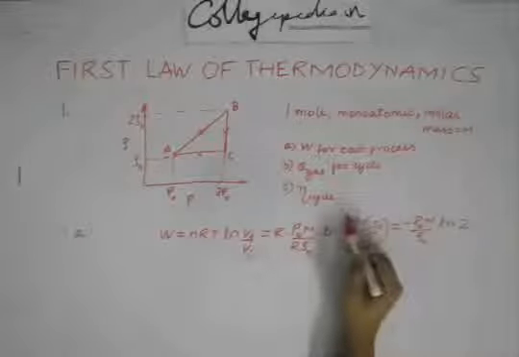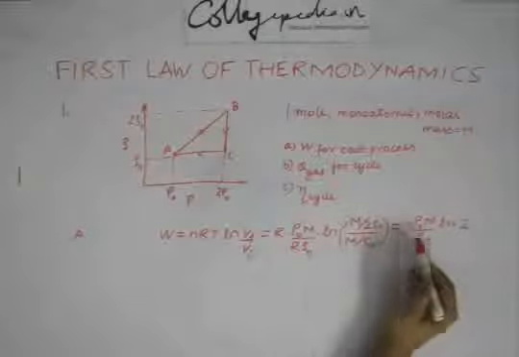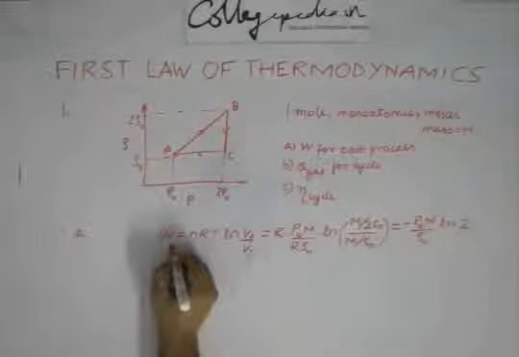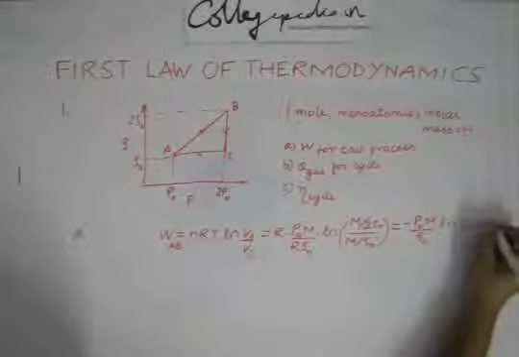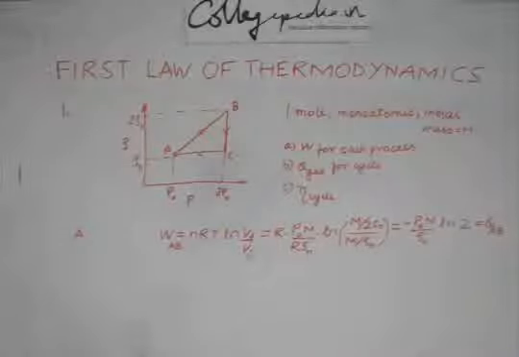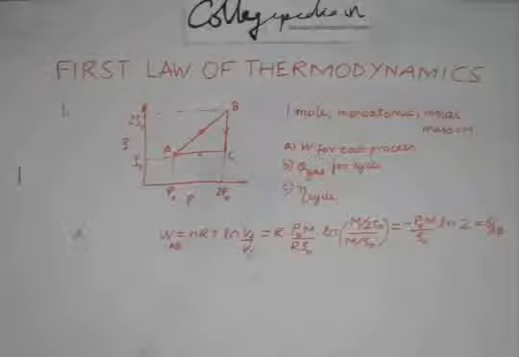This turns out to be ln of 1 by 2, which gives you the negative sign. So this is the work done from A to B, and thus this is also equal to the heat transfer from the gas in the process AB. This work is done on the gas and not by the gas.